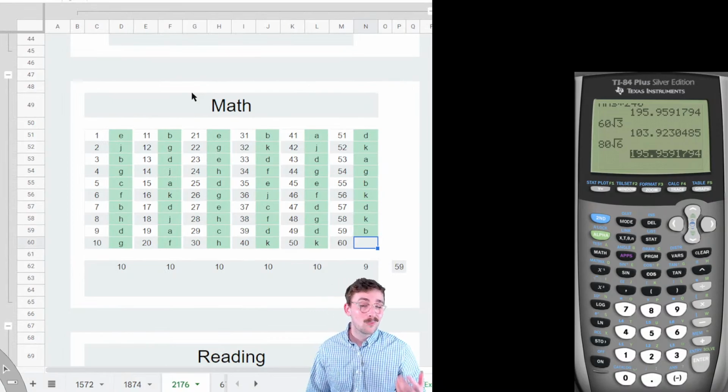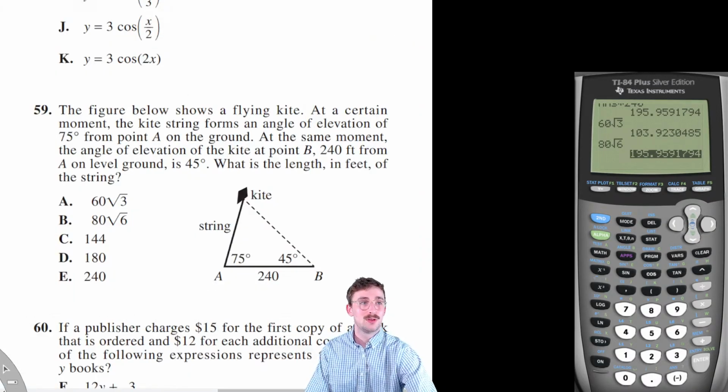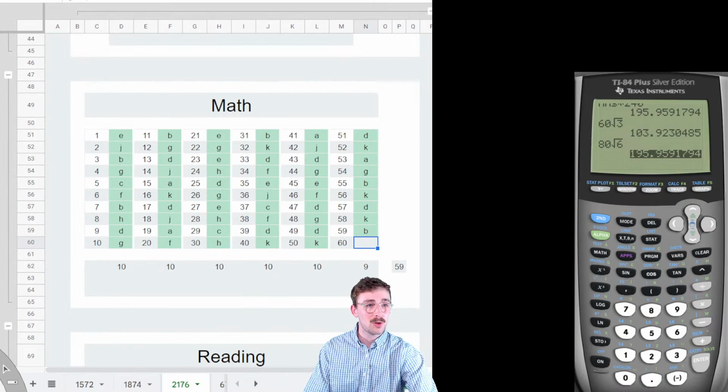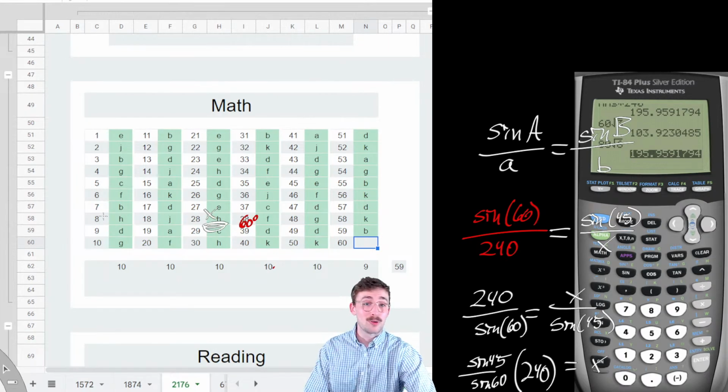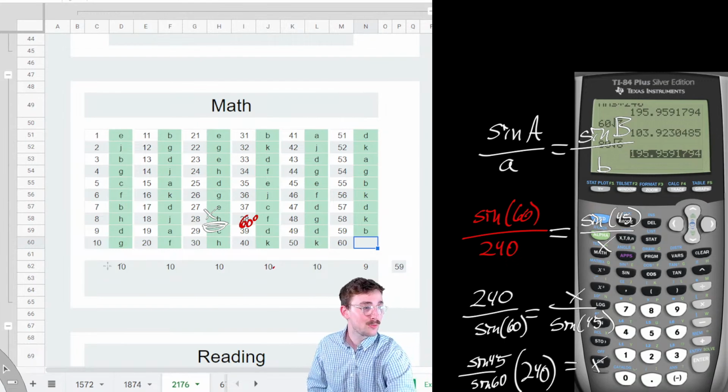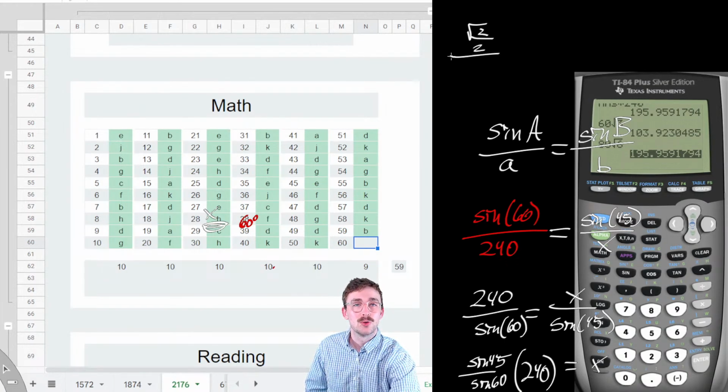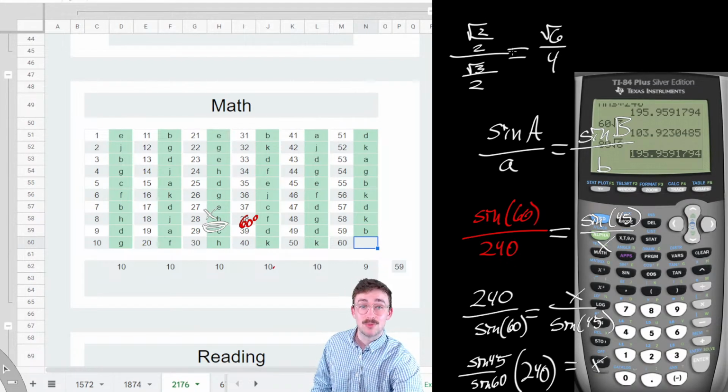Boom. Now, they probably wanted you to do the smart thing there, where sine of 45 is square root of 2 over 2. So they probably wanted you to write that out as square root of 2 over 2 divided by square root of 3 over 2, hence the square root of 6. That ends up being square root of 6 over 4, I think, times 240.